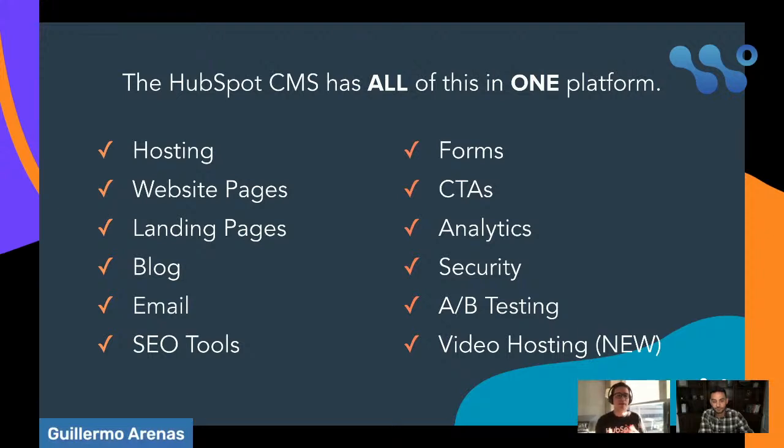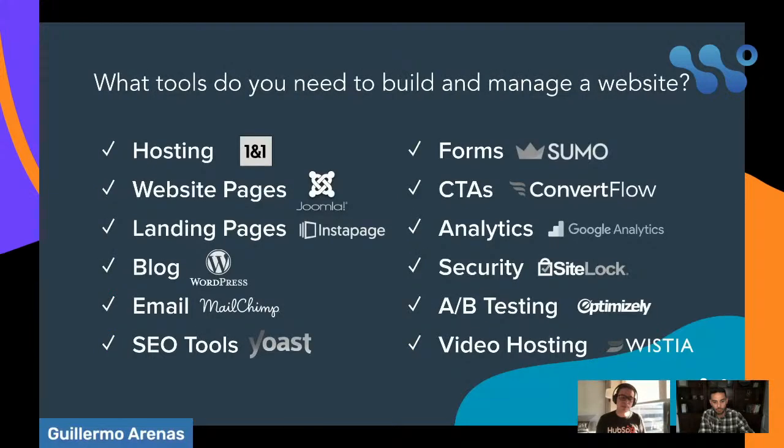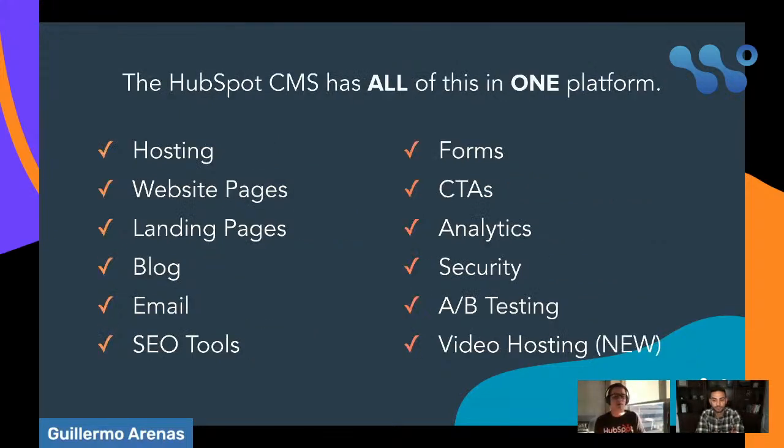The good thing about HubSpot CMS is that even though it has all of these features in one platform, you don't need to use all the features that HubSpot offers. For example, if you want to use Google Analytics instead of HubSpot's Analytics, SiteLock instead of HubSpot Security, WordPress for your blog, or Mailchimp for your email, you can still do it and connect these different tools with HubSpot through our many integrations.